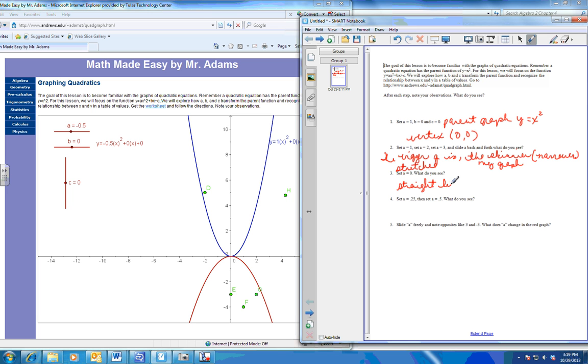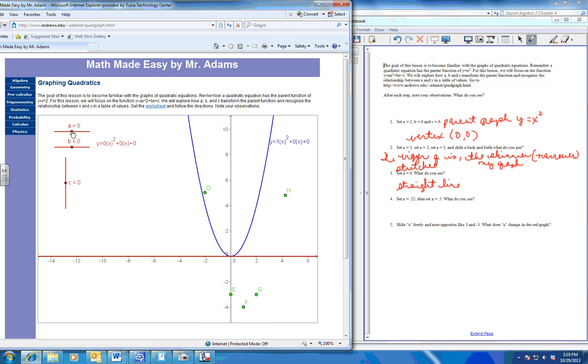Okay, so I just want to do the first few with you so you can see what they're wanting you to do. That says set A at 0.25, so my A is 0.25. Okay, what do you see? Remember, my parent graph is in blue. The red graph is what you are doing. So it makes it wider. What word would we use instead of stretched?